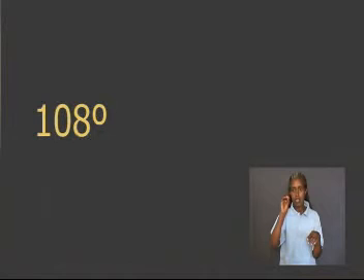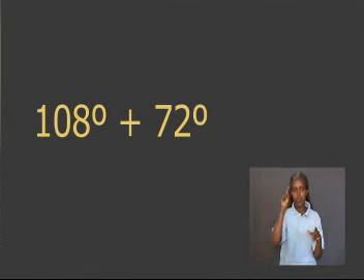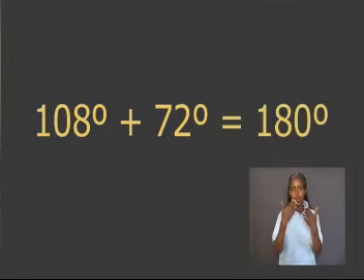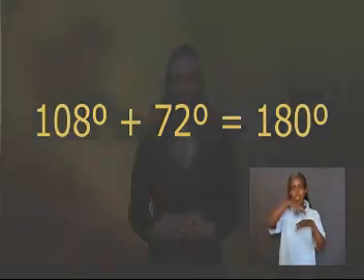That makes sense. After all, when we combine the figure for each interior angle of a pentagon, 108 degrees, with the figure for each exterior angle, 72 degrees, the total is 180 degrees. That should be the total for each interior and exterior angle pair of any regular polygon.